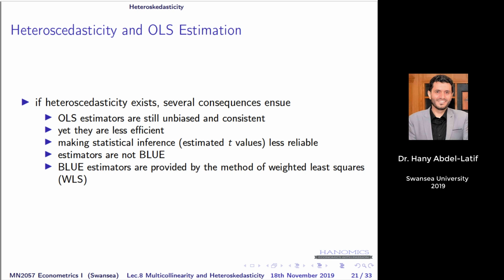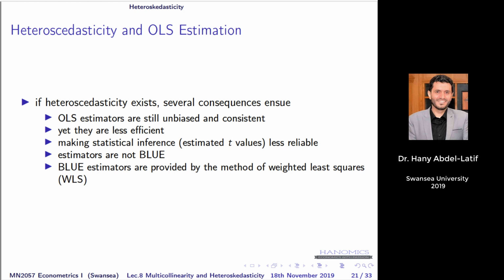So the B here, the best, is no longer the best. Remember, when we said unbiased, we mean the expected value of your estimator equals the true parameter. But best means that if you have a number of estimators, the one with the minimum variance will be the best.